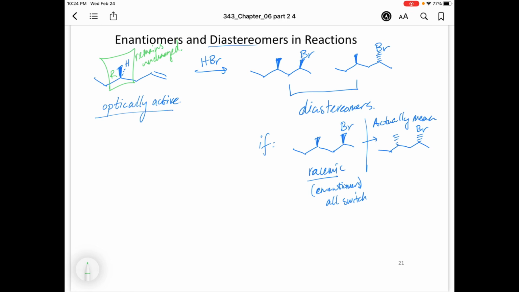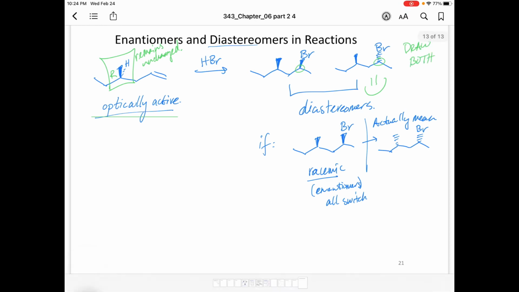So for a reaction like this, if you get the diastereomers here, you start with something optically active, okay? And then we made a new stereocenter, and we know that this stereocenter could be both ways because it went through a carbocation. You would need to draw both.